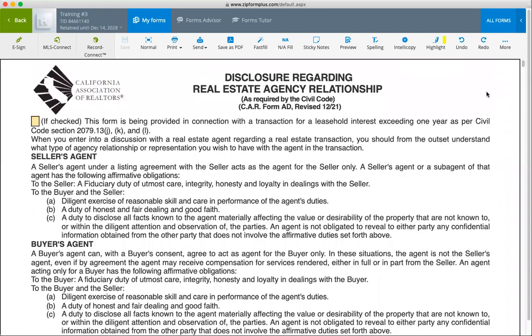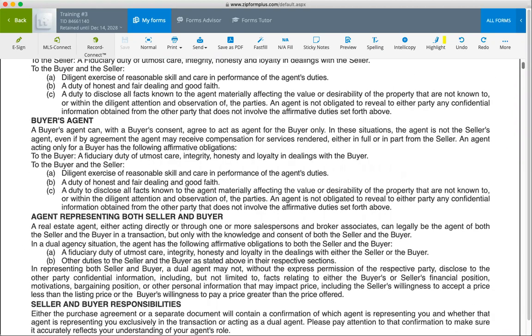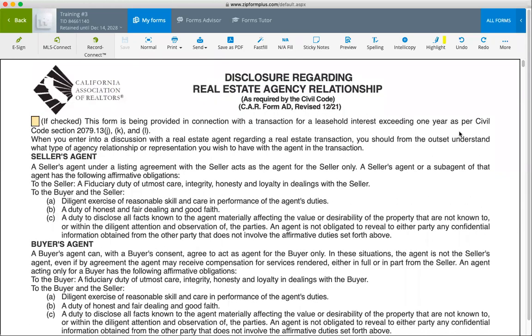And to break this down so it doesn't take up our whole time when we're going over an RPA with a client, I usually say this form is required by the Civil Code. It expresses that I could be a seller's agent only, I could be a buyer's agent only, or I could be a dual agent. That's representing both buyer and seller. And this form runs not just to me as an agent, but also to my broker.